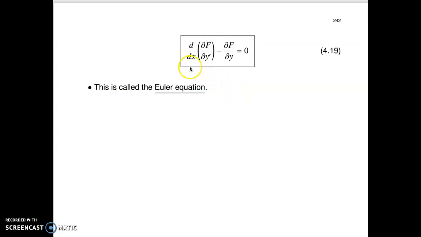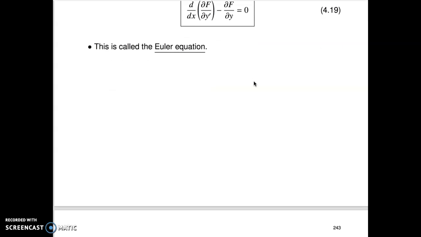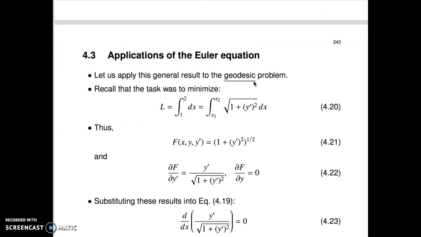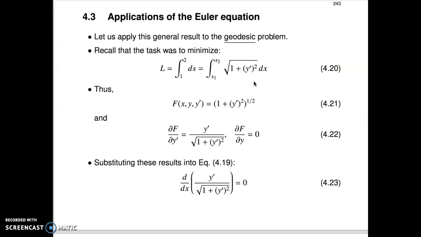So if I can solve the differential equation that emerges from the Euler equation for the unknown function y, I will have also found the function which minimizes or maximizes that integral that was shown a few slides back. Okay, now all of this is going to seem a little bit unclear until we actually go through a problem. So let's go through one problem. Let's go back to the geodesic problem.